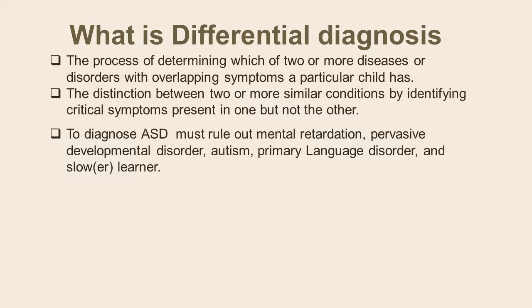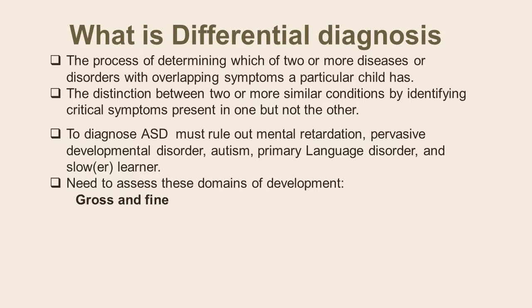Diagnosis of ASD must rule out mental retardation. As I said, intellectual disability and autism may have similarities in the characteristics, so you need to rule out to say exactly that the child has autism spectrum disorder. And there are some domains which you need to assess to exactly find out the autism or intellectual disability or any other disability. We are now discussing Autism Spectrum Disorder differential diagnosis.